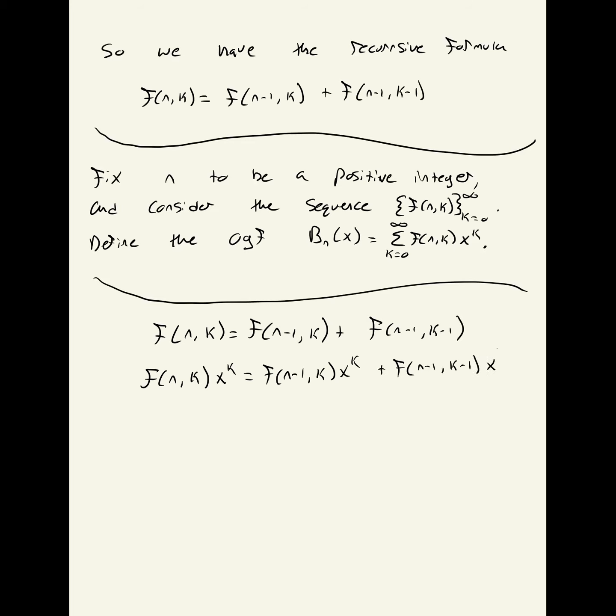Since the left-hand side is always equal to the right-hand side for every single k, we can add up all of the k's. Now here's the subtlety: we're going to range from k equals 1 to infinity of f_n(k) x to the k, and we're going to do this everywhere, for all of these.